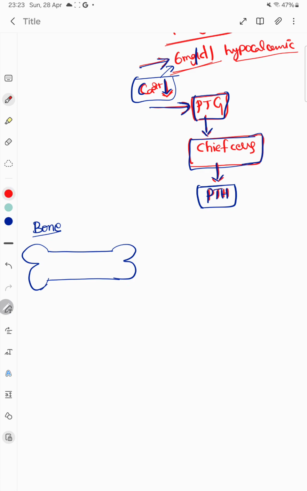See here, in the bone there are 3 types of cells, but in this video I am going to mention only 2 cell types. One is osteoblast, and another type of cell is osteoclast.